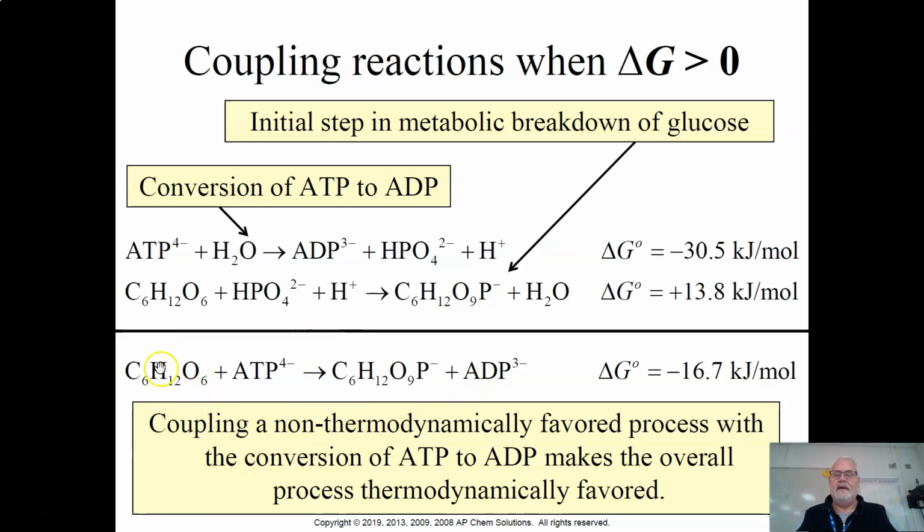You couple them, and basically you're saying, well, you take this sugar molecule and then you add ATP to it, and it makes sugar with a phosphate attached. It's called glucose 6-phosphate. And at that point, then it can further break up. But this process, you can see, okay, yeah, that's a thermodynamically favored process if you throw ATP in the mix.